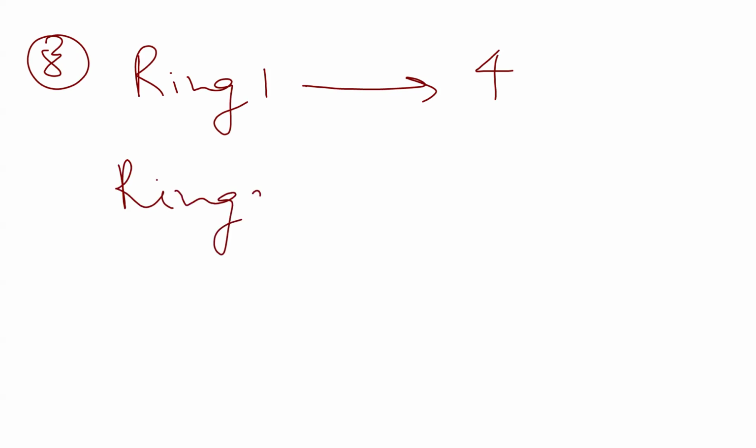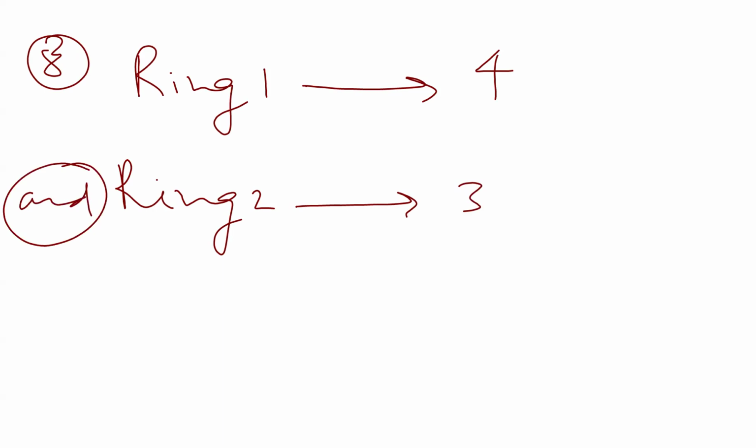So ring number 1 can be worn in 4 ways because there are 4 fingers, and ring number 2 in 3 ways because 1 finger is already occupied.